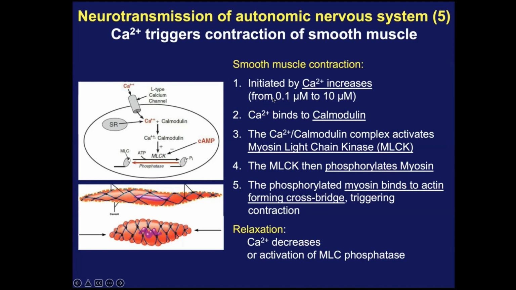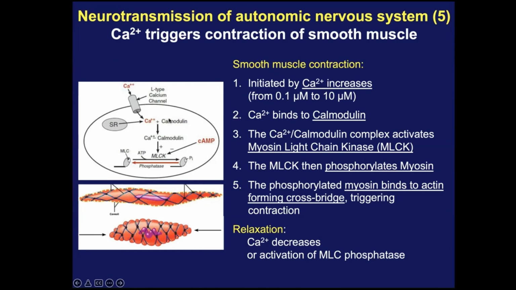Typically, it is increased from a resting level of 0.1 to 10 micromolar, which is a 100 times increase. And this increase can be caused by the opening of the L-type calcium channel on the cell membrane. When the channel is open, the calcium enters the cell from the outside. It can also be caused by the release of the calcium from the SR. For example, when IP3 level is increased, the IP3 will induce the release of the calcium from the SR.